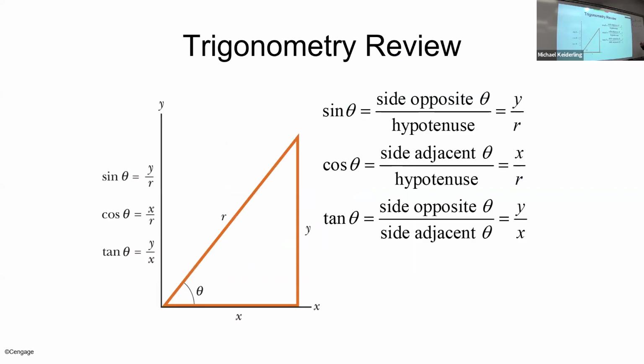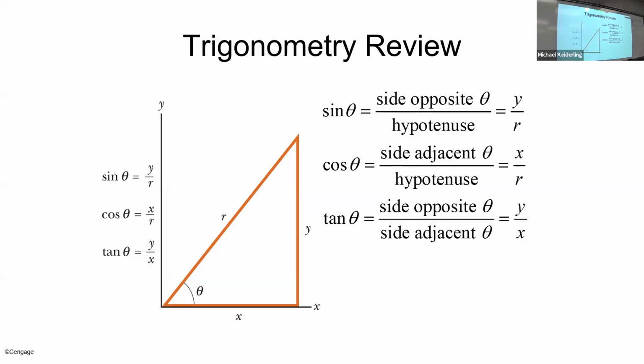You're dealing with triangles. If you have a triangle with sides x, y, and r, and you have the angle theta in the corner down here, as drawn, the sine of theta will be y over r. The cosine of theta is x over r. The tangent is y over x. So the opposite side over the hypotenuse is the sine, that's y over r.